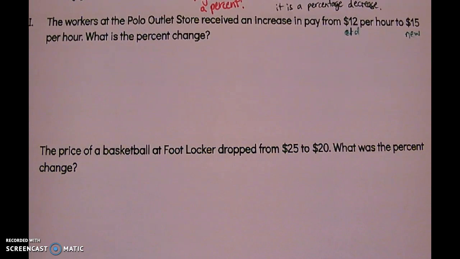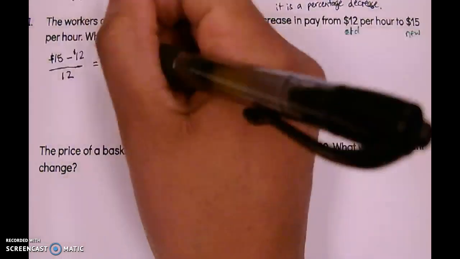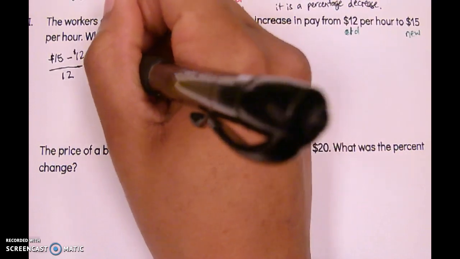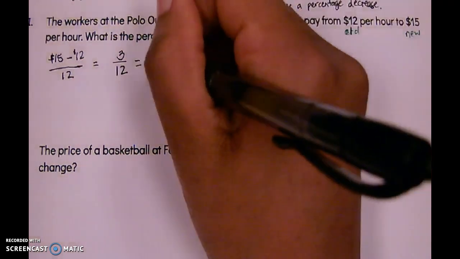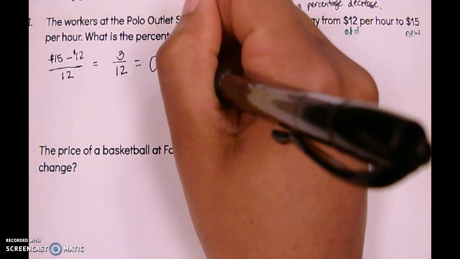Now that I know my values, I'm going to plug that into my equation. So I'm going to set that up by saying 15 minus 12 divided by 12. Now, if I simplify that, that's going to give me 3 over 12. And when I divide that in a calculator and get a decimal, I'm going to get 0.25.